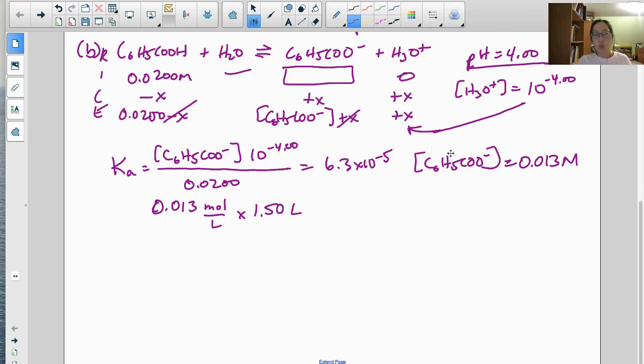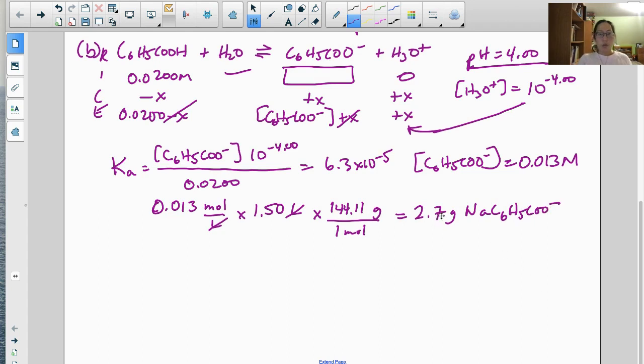And we know that there's 1 mole of benzoate for every 1 mole of sodium benzoate, so the moles will be the same here. And so then we just need to convert these moles of sodium benzoate to grams of sodium benzoate. So I can multiply this by the molar mass of sodium benzoate, which is 144.11 grams per mole. And solving for this, we get 2.7 grams of sodium benzoate.